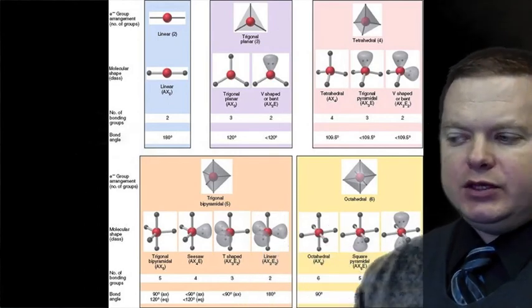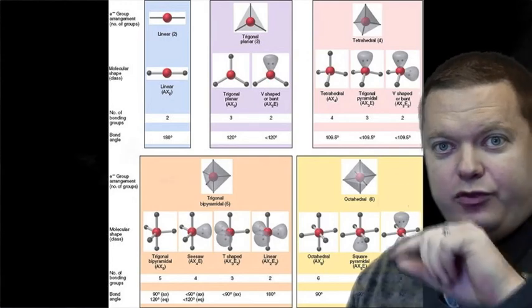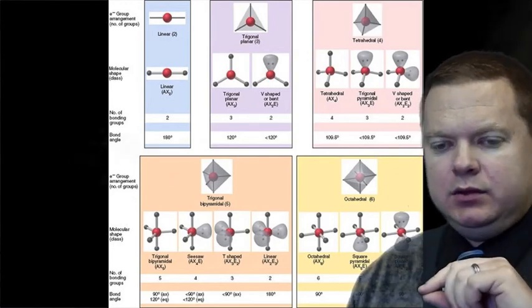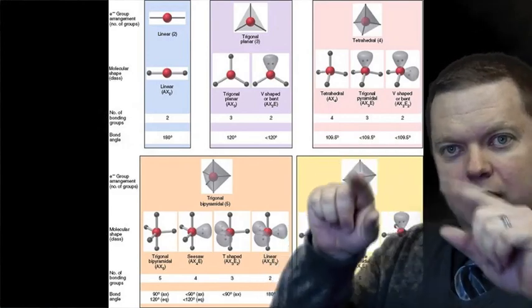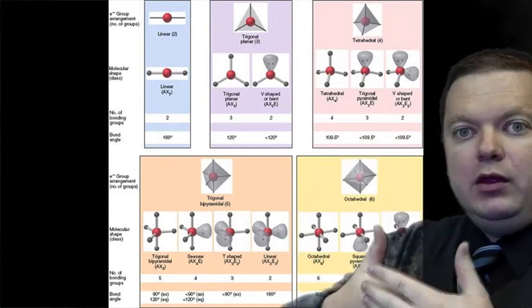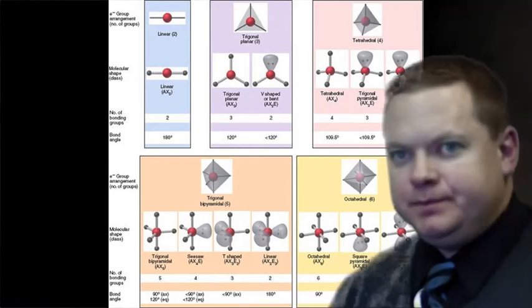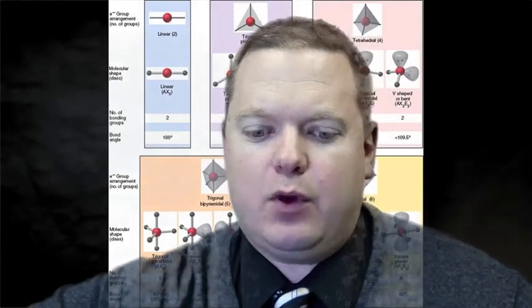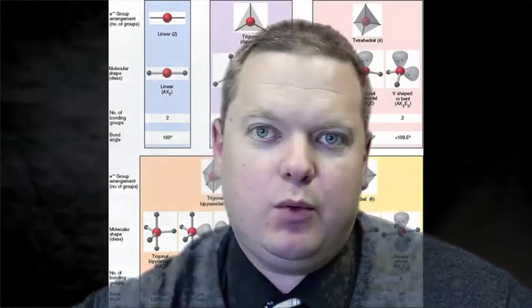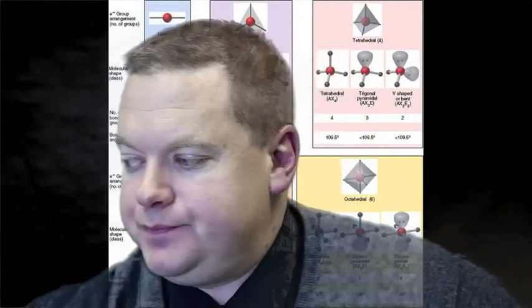If we go to the next one, where we have a central atom and then 3 things bound to it, the furthest away they can get is 120 degrees, all in the same plane. So this is what we refer to as a trigonal planar arrangement. The furthest arrangement those electrons can get away from each other is that 120 degrees, trigonal planar.